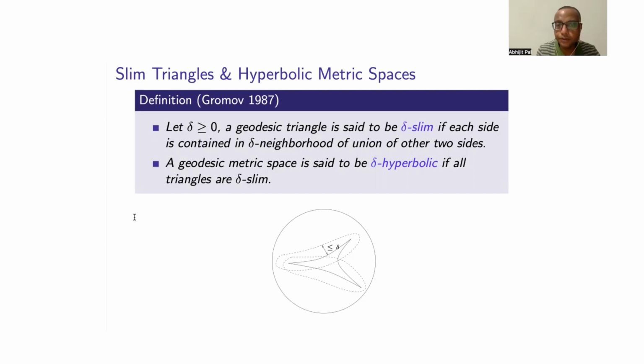A geodesic triangle is said to be delta slim if each side is contained in the delta neighborhood of the union of the other 2 sides. This is the slim property of triangles that you have seen for the upper half plane with hyperbolic metric.